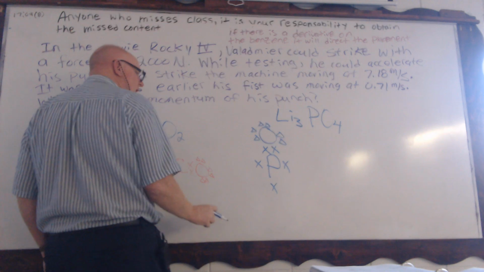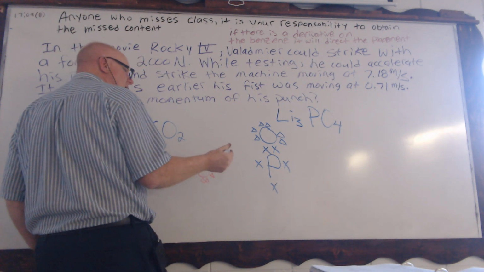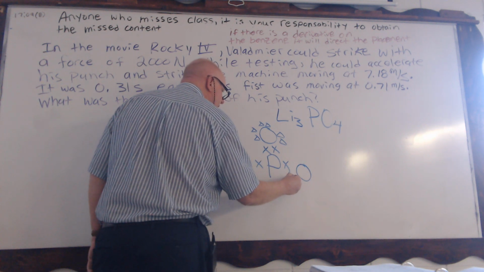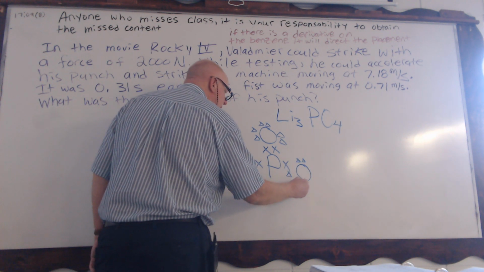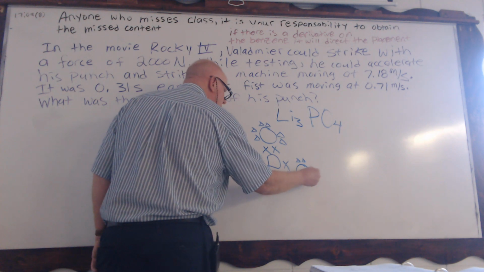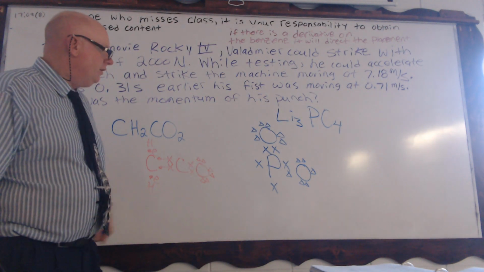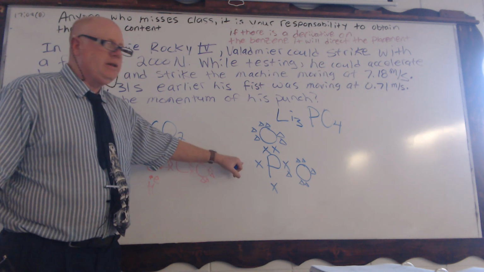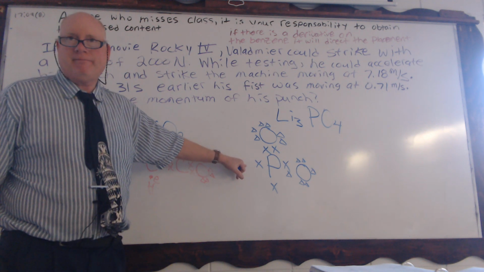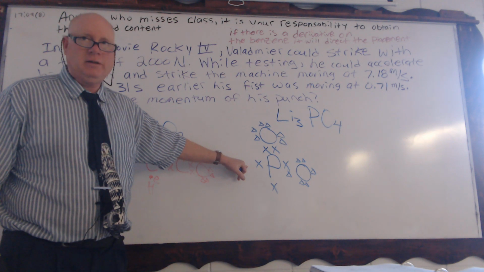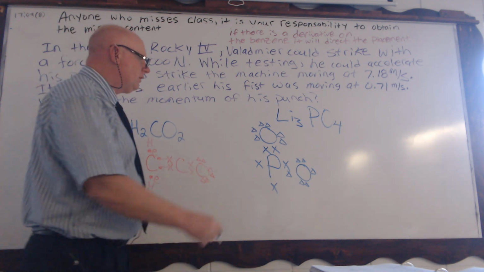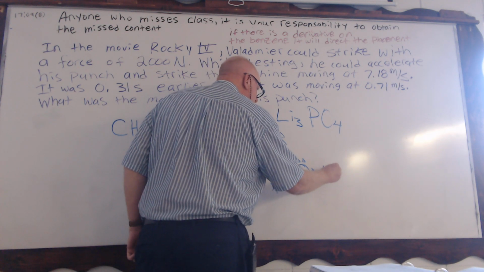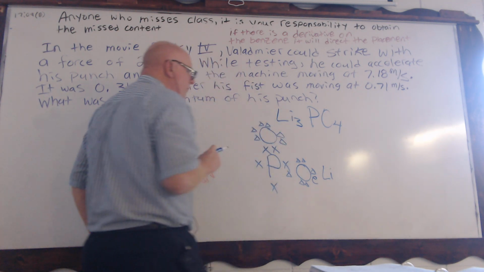Then once you get this one, the rest of them will fall right in place, because once you put an oxygen down here, being in column 6, it's missing one. This one would be missing one. This one would be missing one. But what element have we not talked about yet? Lithium. The lithium, which is in column what? So that's where that extra electron would come from. We'll just do an E, I guess. And that is how the molecule looks.